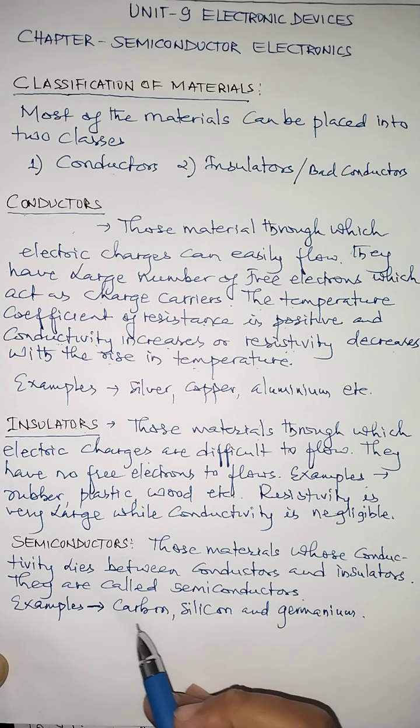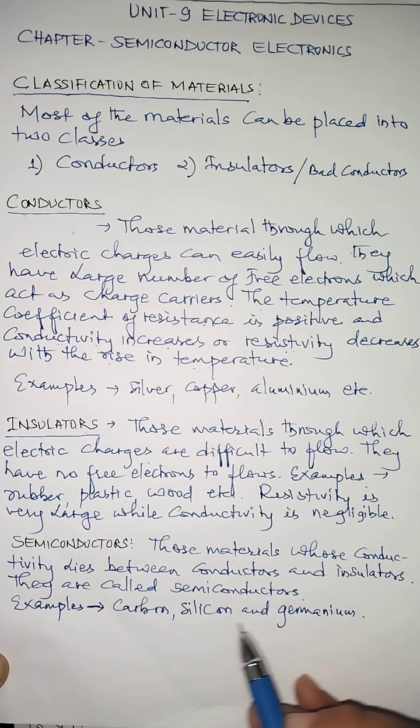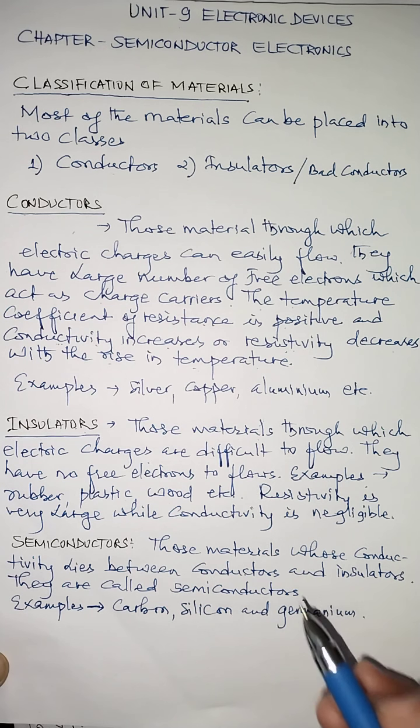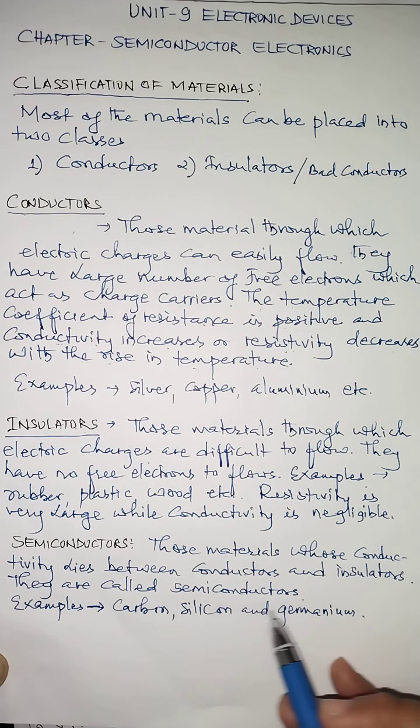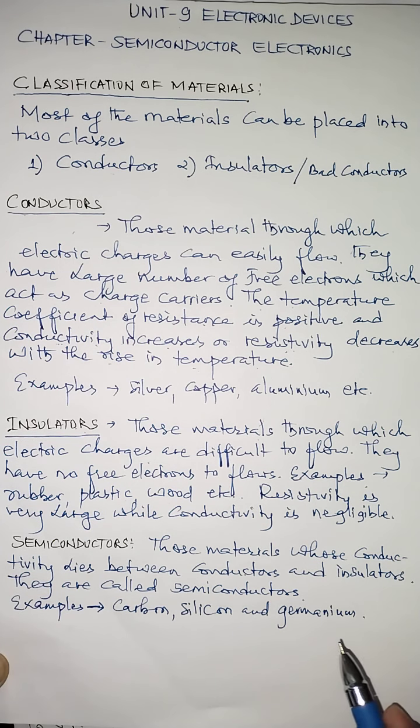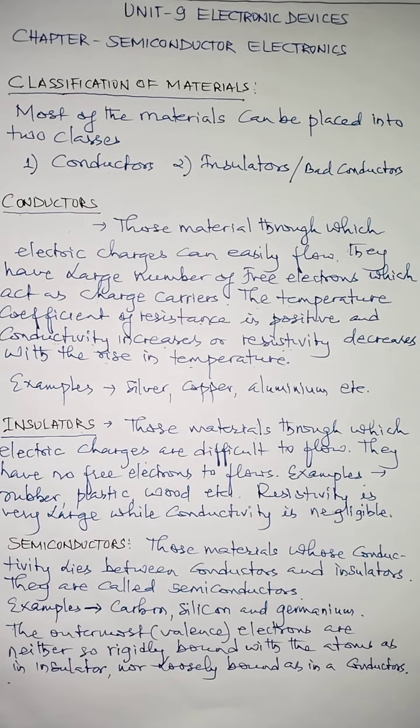Basically, semiconductors have valency 4, so they are also called tetravalent elements. Tetravalent elements usually form compounds by sharing electrons, and this sharing forms what type of bond? Covalent bond.